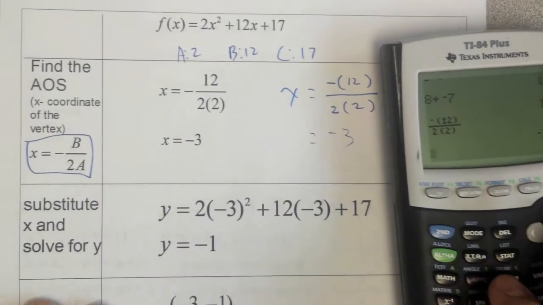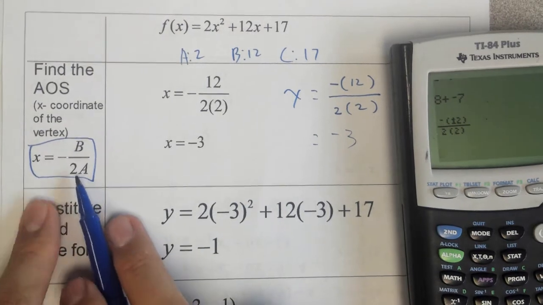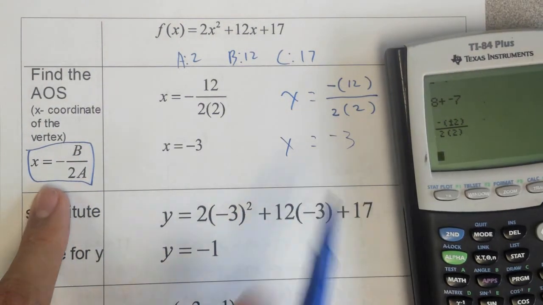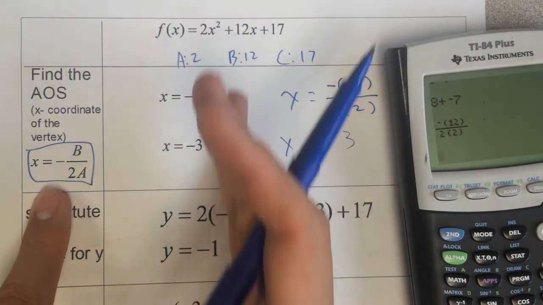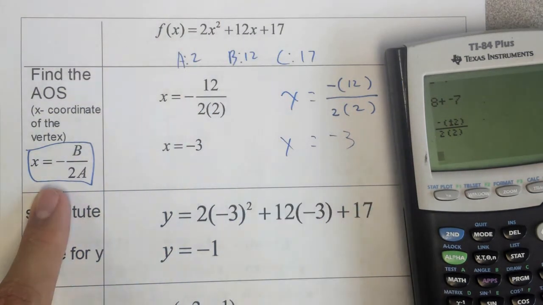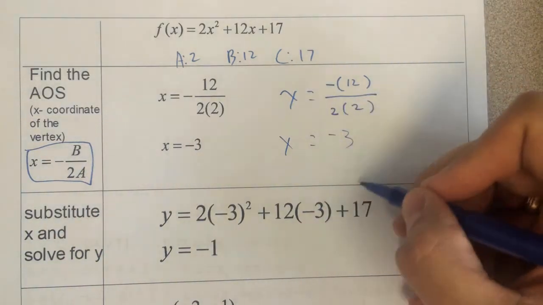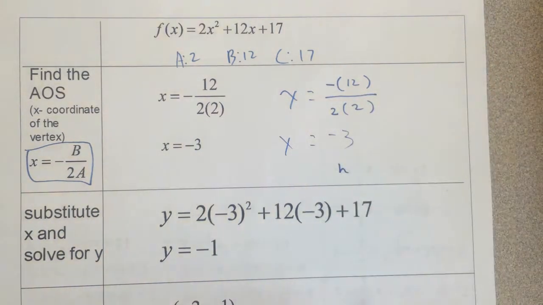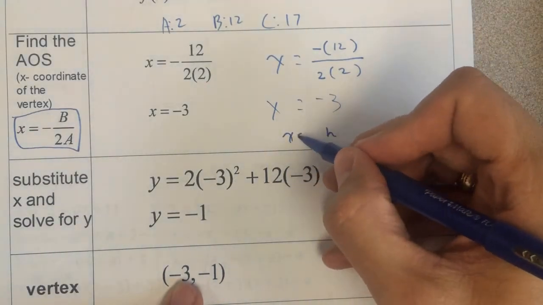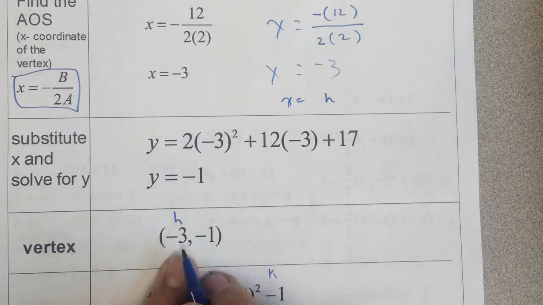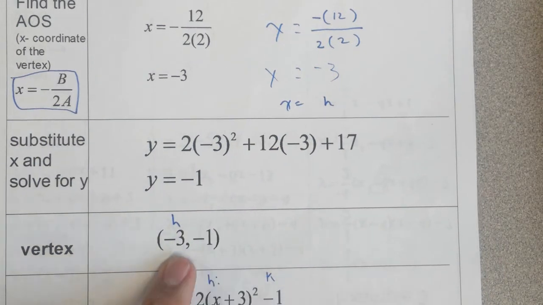What I have found right here is actually my axis of symmetry. My axis of symmetry is x equals -3. That's that line, the axis of symmetry, the vertical line that goes in the middle. Remember this is actually also h. My axis of symmetry is x equals h, and that is this h from my vertex. So that's half of my vertex I have figured out.